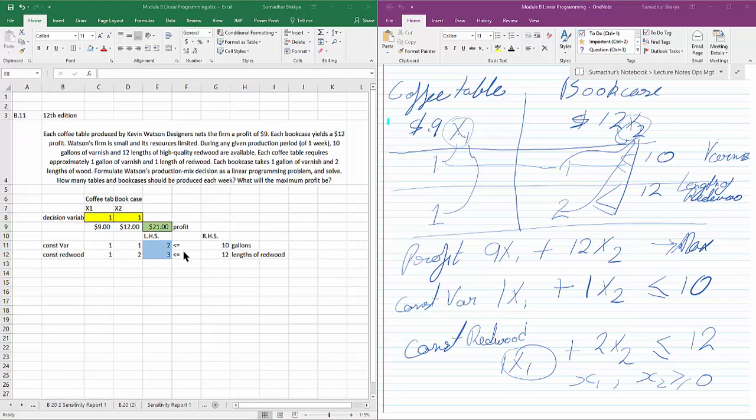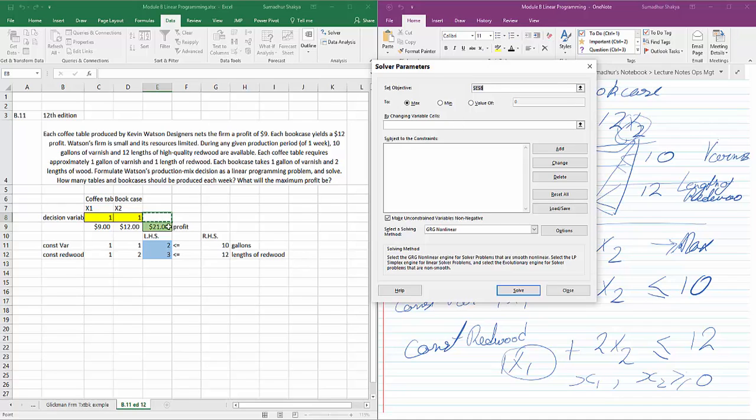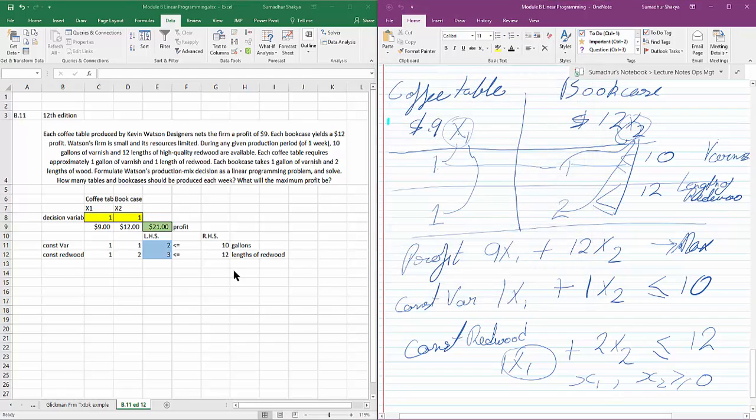So at this point, this is our sheet. Let's go to Data, Solver, and we say that this is our objective function, the green cell E9. We want this to maximize our profit, so that is also correct. Then we choose the yellow cells as the variable cells to change, and we add the conditions.